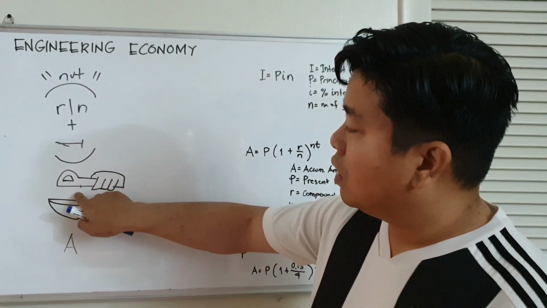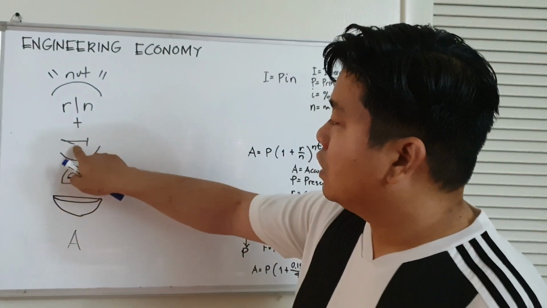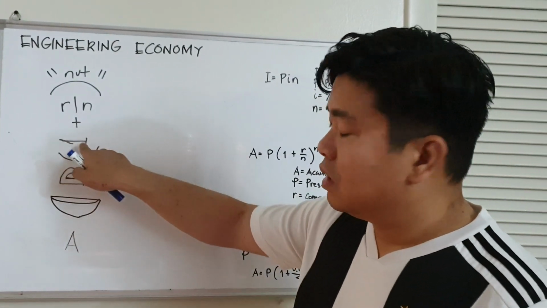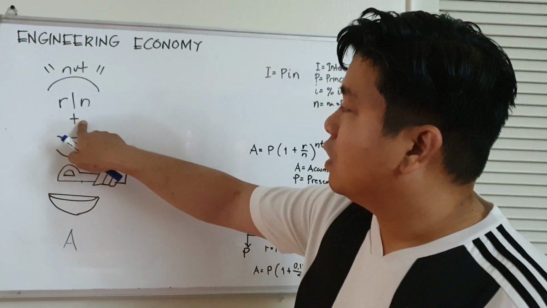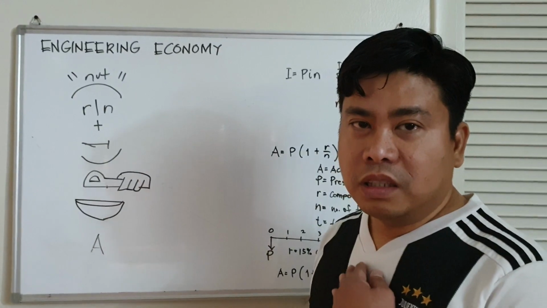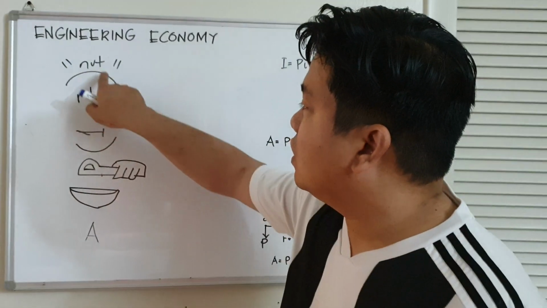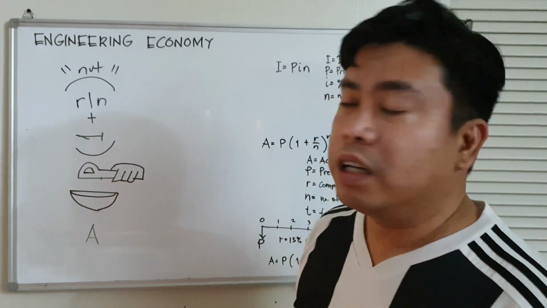And he's eating using a spoon, which is P, and then his mouth is 1, his nose is plus, and his eyes are RN. As I've said, his eyes only belong to nurses, registered nurse. And then this is his brain, the nut.